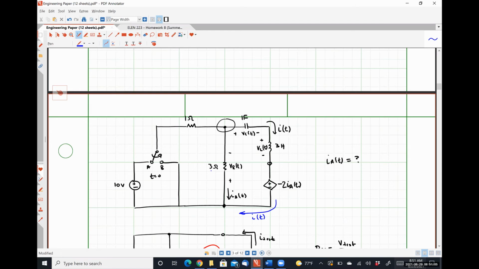So I would argue that we have a known amount of current, because that's what we're going to be solving for, flowing into a parallel resistor network, and we just want to know the current flowing through one of the resistors.